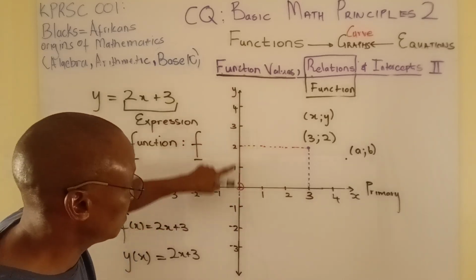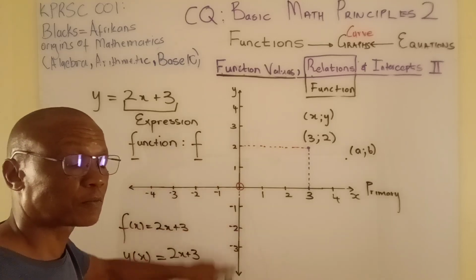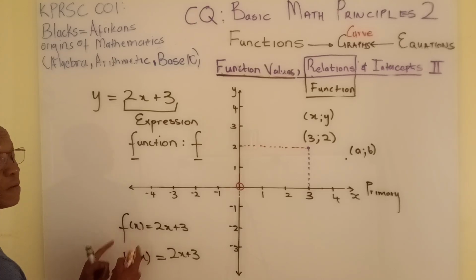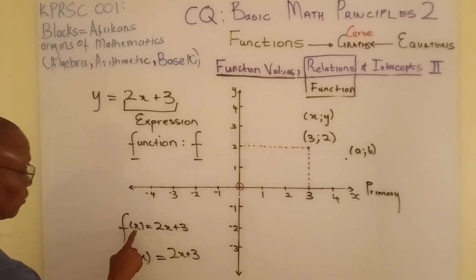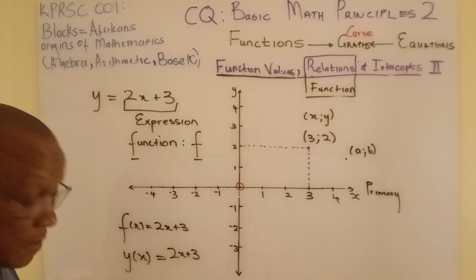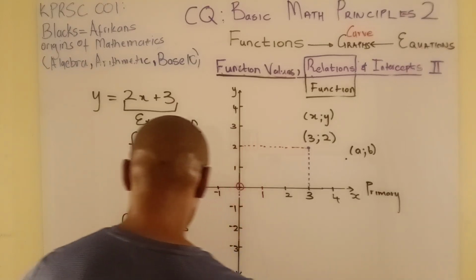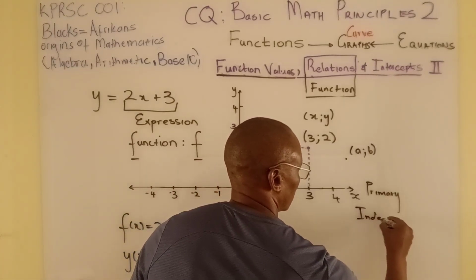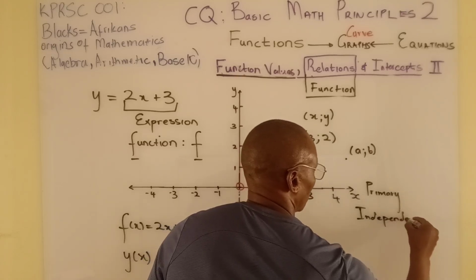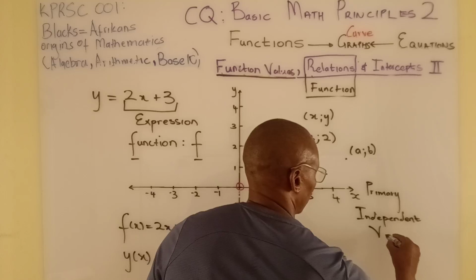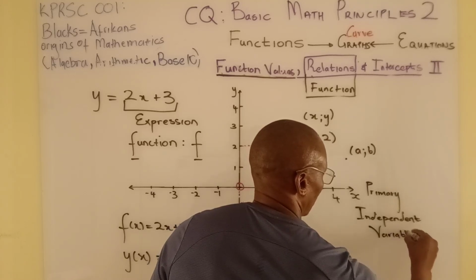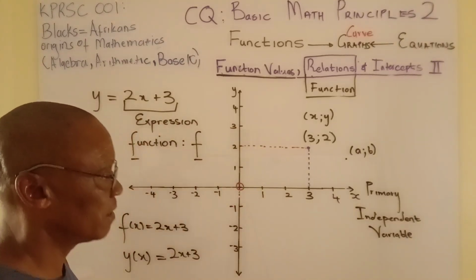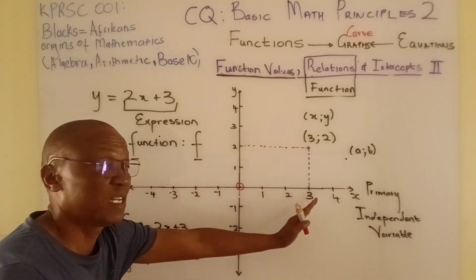Because these are function values produced, calculated for us by the function, we have to give the function a value for x independently, thus calling this variable an independent variable. Variable because it changes.